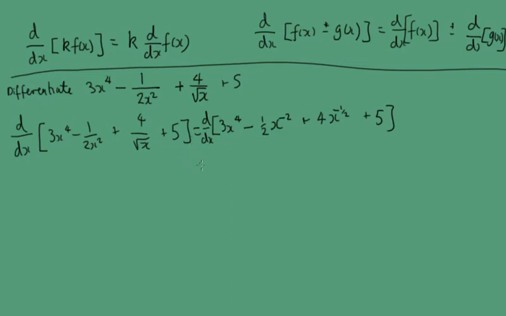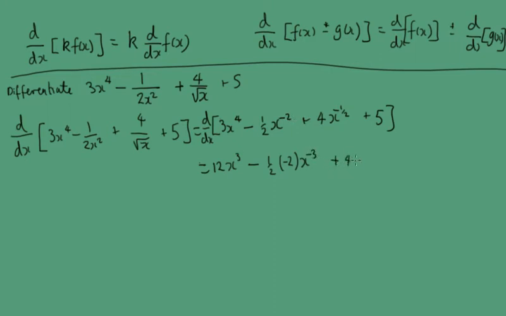Now we can differentiate it. So the first part, 3 times x to the power 4, is like what we have here. The 3 just sits here, and the power is going to multiply the function. So we have 3 times 4 is 12, x, and 4 minus 1 is 3. Here we have minus a half x to the minus 2, so it's going to be minus 2 times a half, x to the minus 2 minus 1, minus 3.